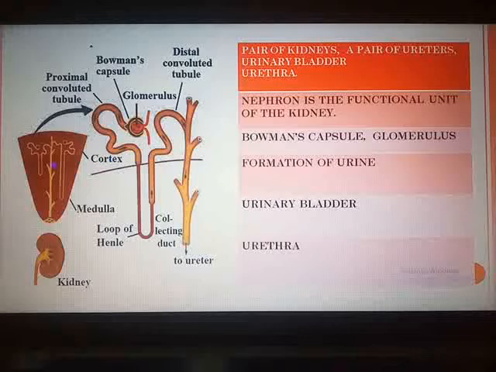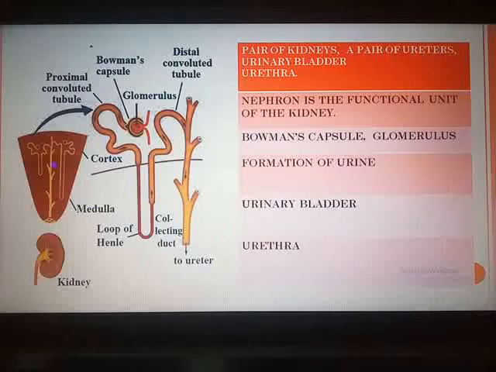What about the water molecules and small molecules of some other substances? They can cross the semi-permeable membrane of this Bowman's capsule. The solution gets accumulated in the cavity of the Bowman's capsule, then passes into the tubular part of the nephron.